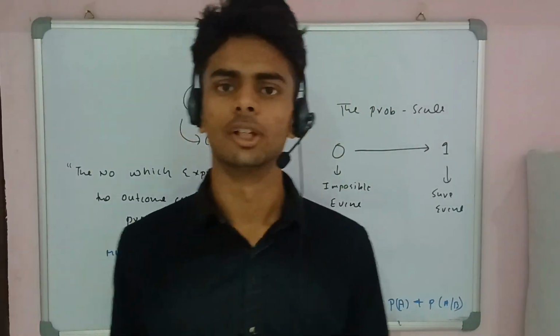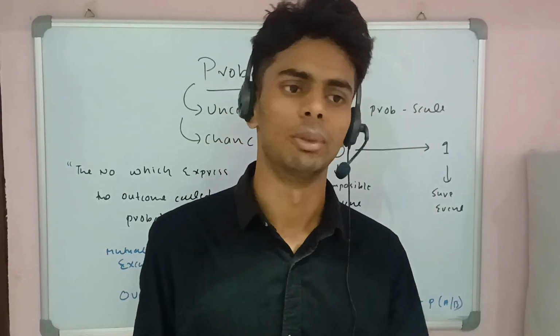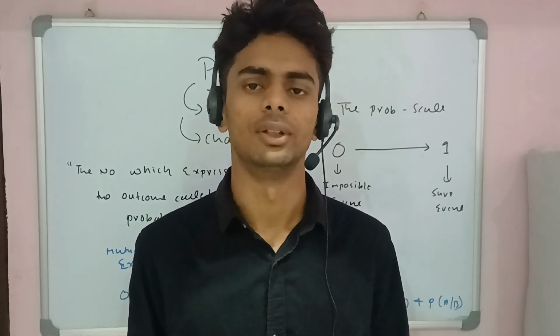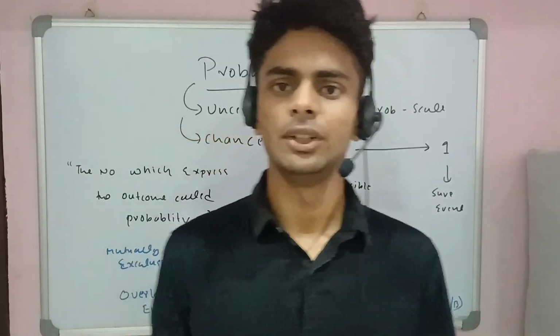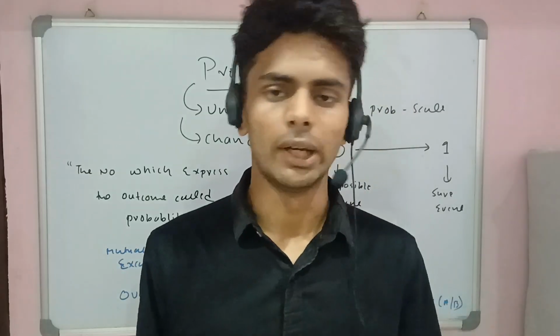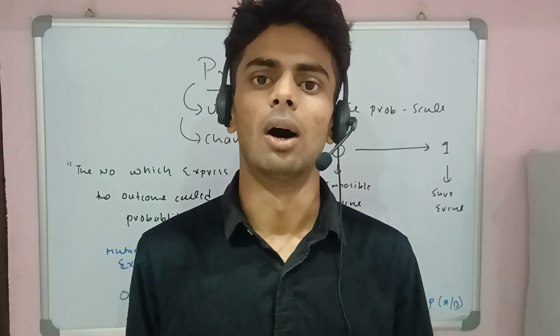Let's come to agenda number one. In this agenda, we discuss what exactly probability is and how we can understand it. When we're talking about probability, it is all about scenarios where we have uncertain knowledge and lots of chances of particular outcomes.